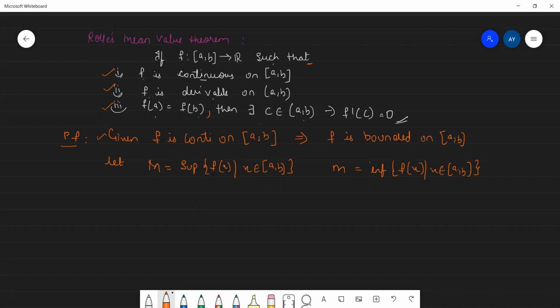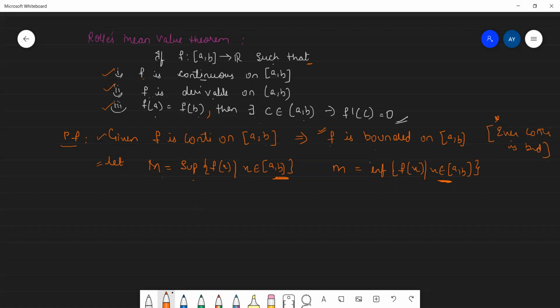Given f is continuous on [a, b], it implies f is bounded, because every continuous function is bounded. By this statement, we can say that f is bounded on [a, b]. Now we are considering M equals the supremum of f(x) and m equals the infimum of f(x), where x belongs to [a, b].